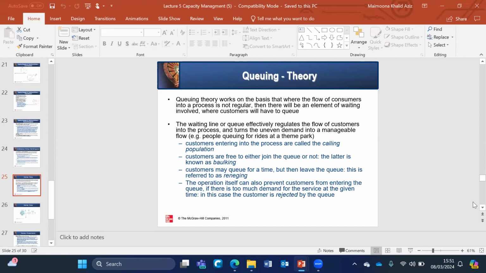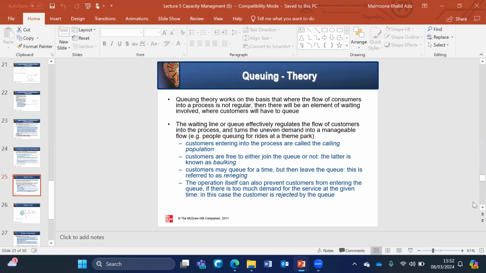The next concept is queuing theory. There is a theory to queues, and that means whenever there's a queue, customers entering into a queue or the business to queue are called population, and the customers that are free to join, and if they choose not to join the queue and once they look at the queue they leave, it's called balking.